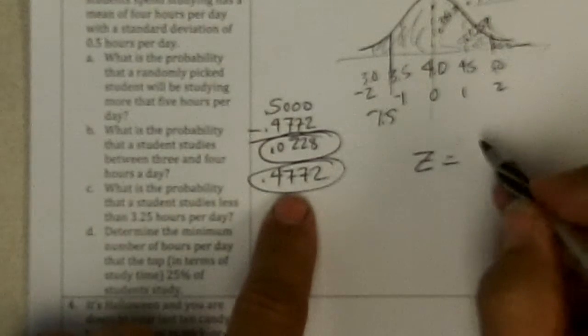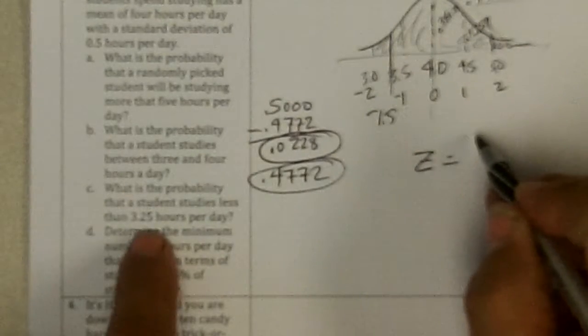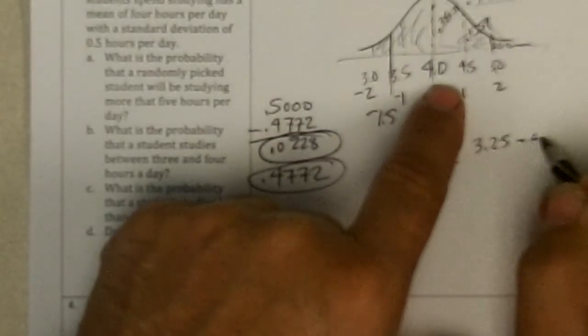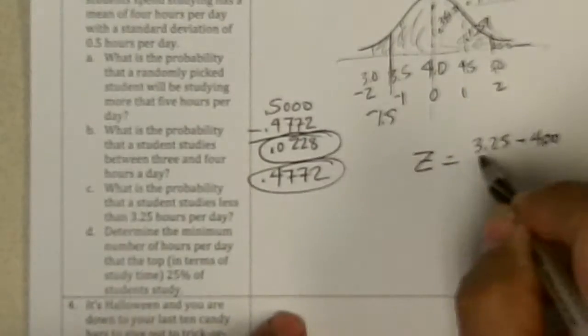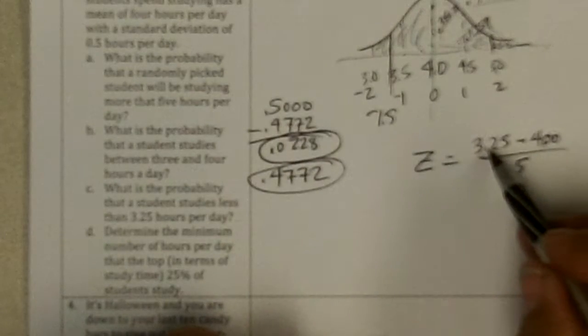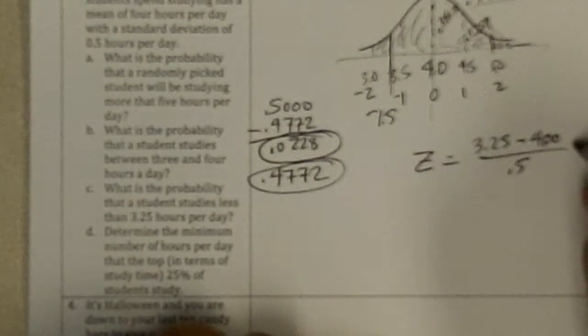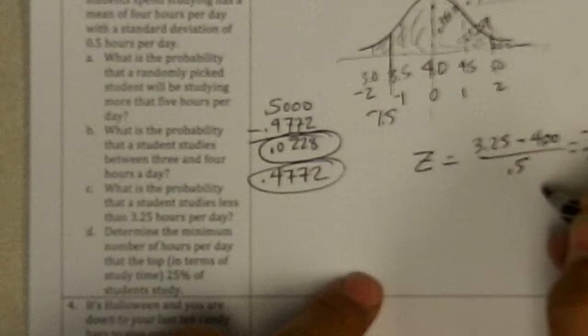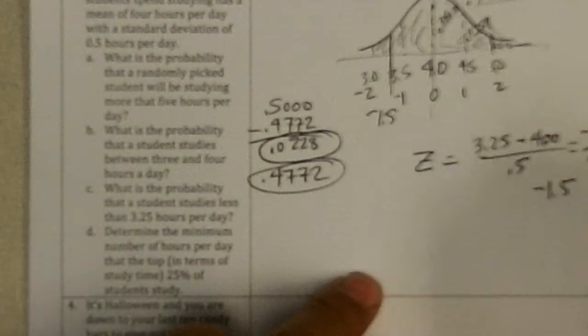Z is the raw score, which I said 3.25, minus the mean over the standard deviation. And 3.25 minus 4 is minus 0.75 divided by 0.5 is minus 1.5.